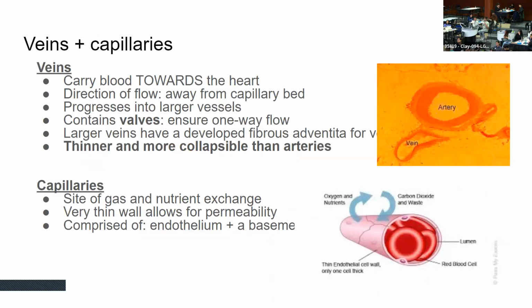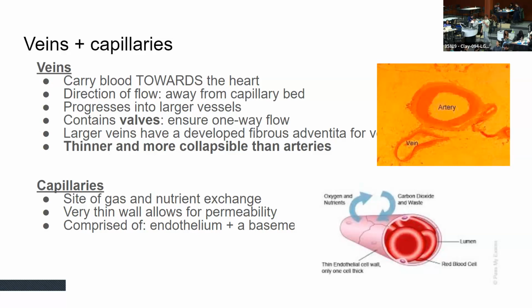So in terms of veins and capillaries, the veins carry blood towards the heart, and they are able to withstand a lot less pressure, because they generally operate under less pressure since they've already reached the capillaries and gotten through them.